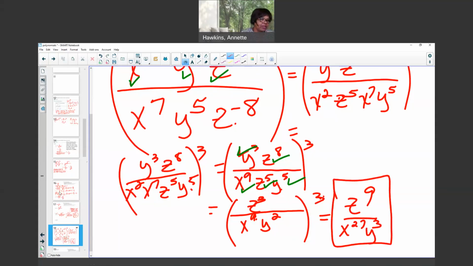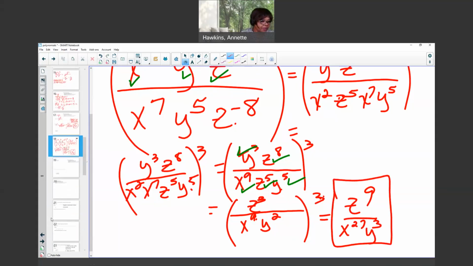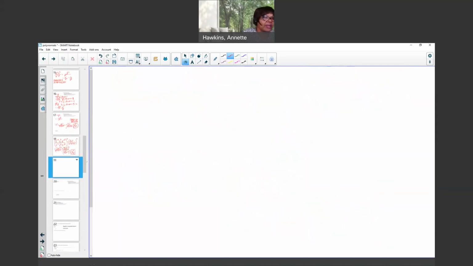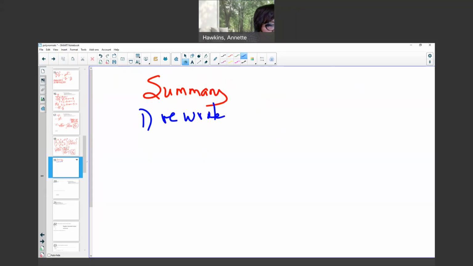So let's summarize what we did. Okay, so what did we do? One, we rewrote negative exponents in our quotient.